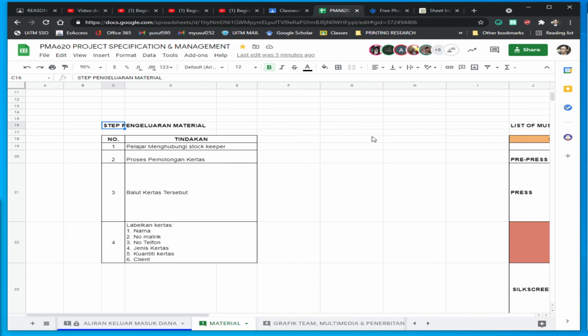Glossy art card two side 350 is 16 packets. Greyback 300 GSM is 14 packets. Greyback 350, we need 8 packets.